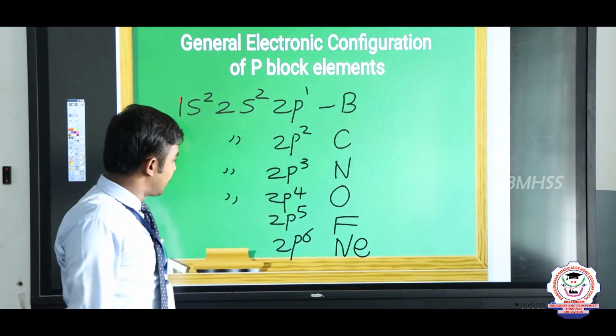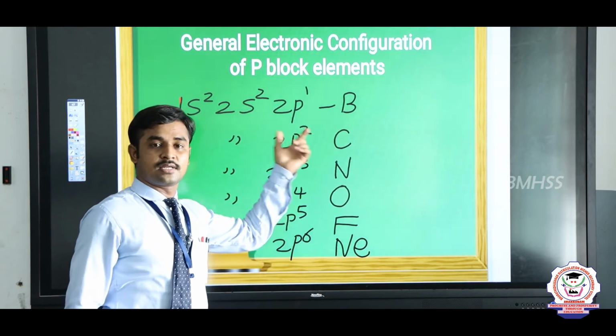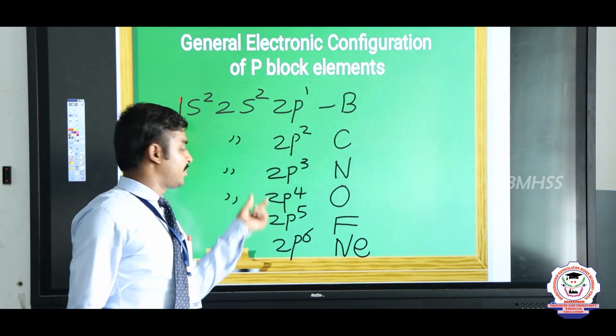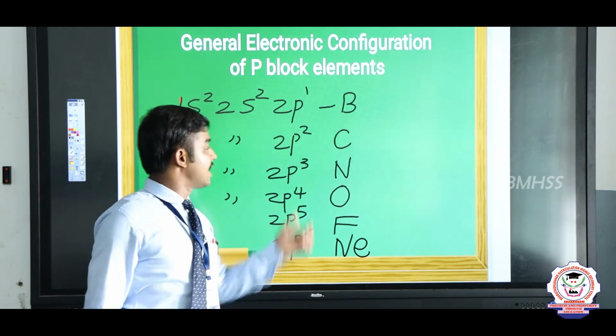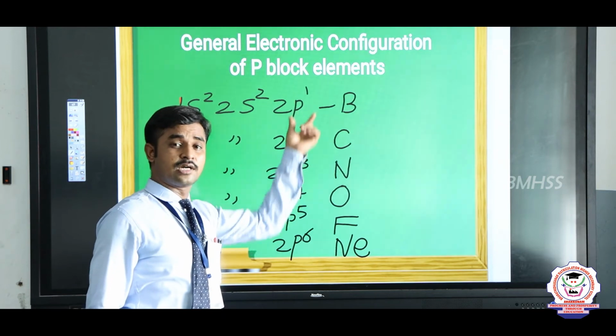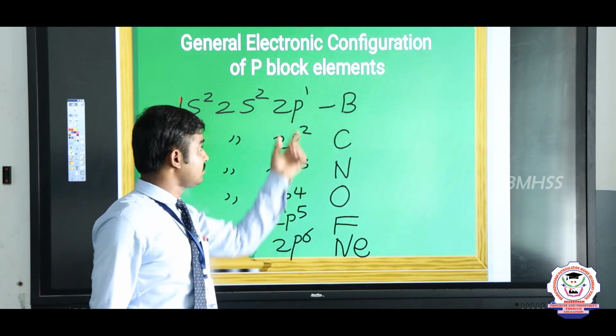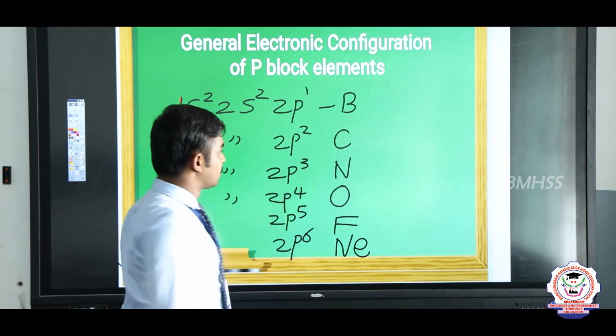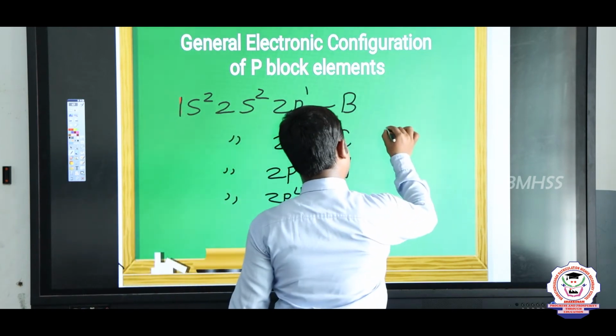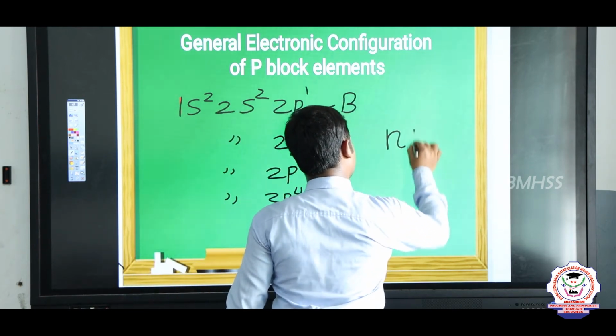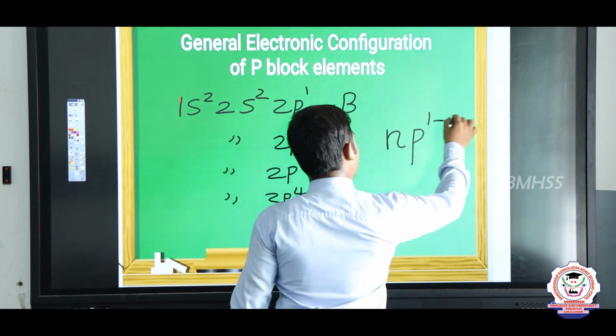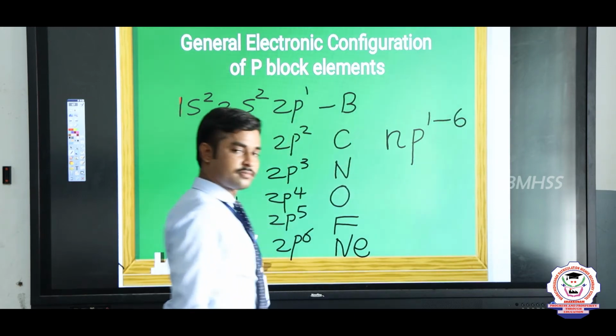So, you can see that the p block has the n number in front, and the number of electrons in the upper side is from 1 to 6. So, I can write the general electronic configuration as np 1 to 6.